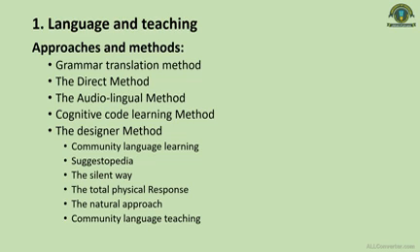Next method is the cognitive code learning method. It is a more student oriented method as it focuses on his or her mentality and the complicated processes that take place as learning progresses. Next method is the designer method, and there are different approaches in that method.